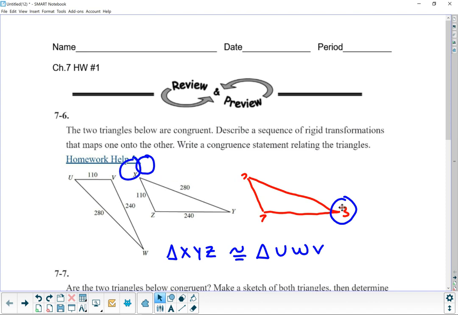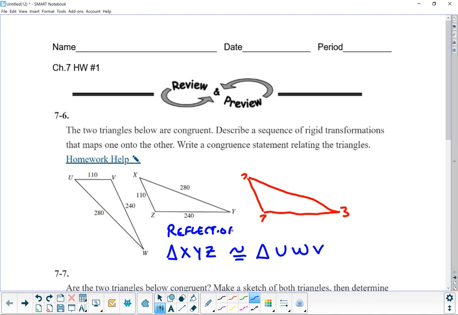So I did a reflection across the y-axis, and then I rotated. I did a rotation counterclockwise, CCW.